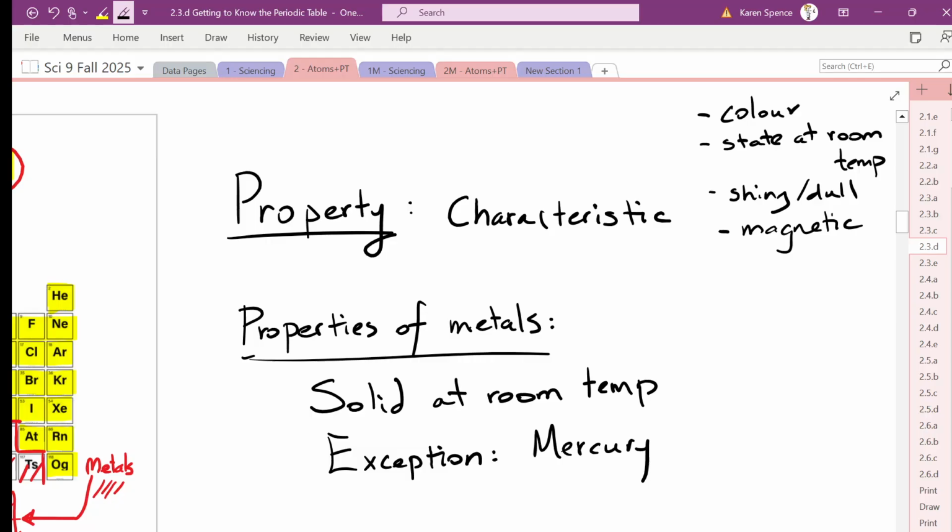What is the symbol for Mercury? Hg. Mercury is Hg. What state is Mercury? It is a liquid at room temperature. It is the only liquid metal at room temperature.